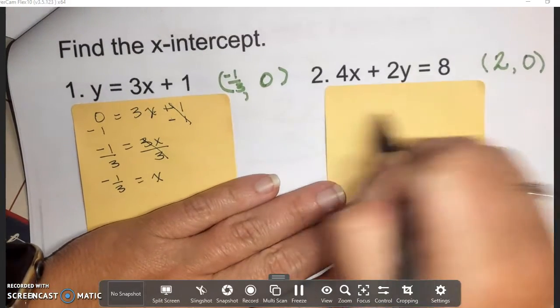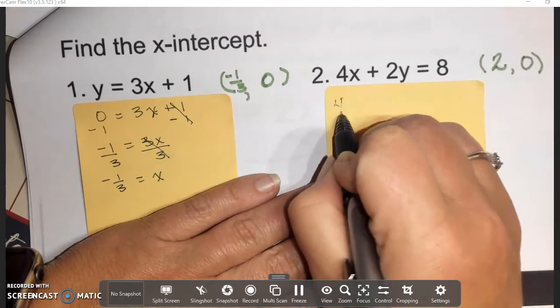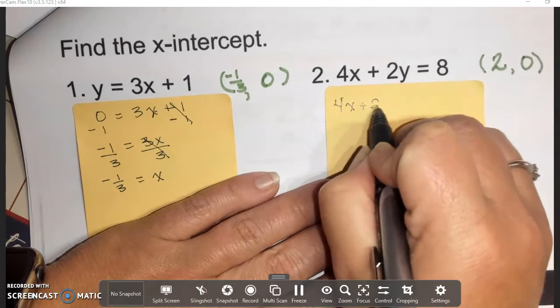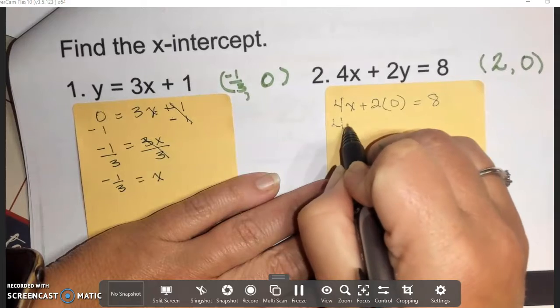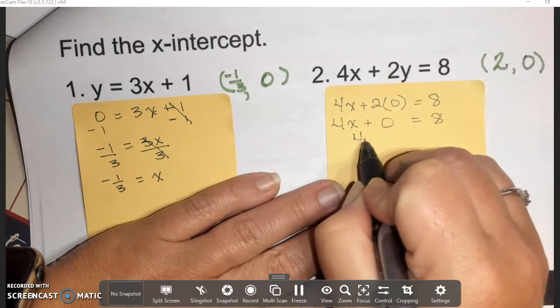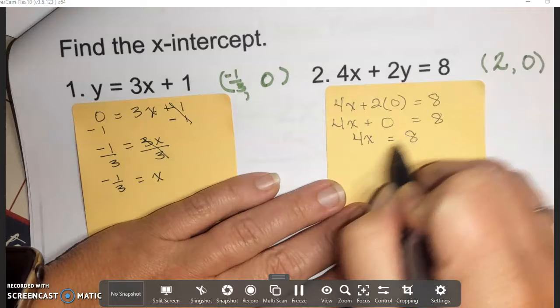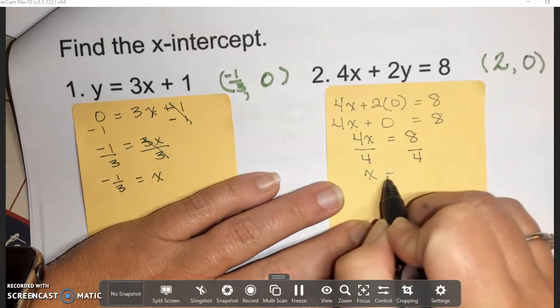Here you're going to do the same thing. This is standard form. So our y is 0. Divide by 4, x is equal to 2.